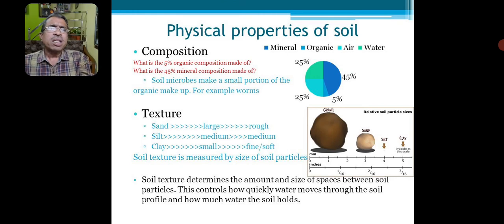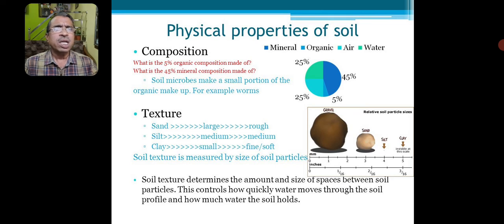Now these are the slides that show whatever I have told you. The first slide shows the composition of the soil, which we have already studied in the first lecture. The soil contains about 25% air, 25% water, 45% minerals, and 5% organic component.